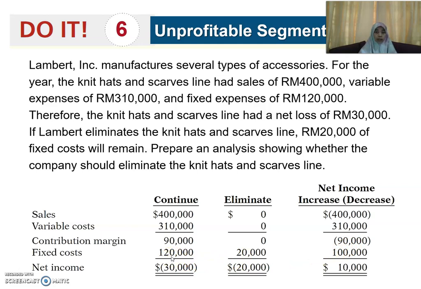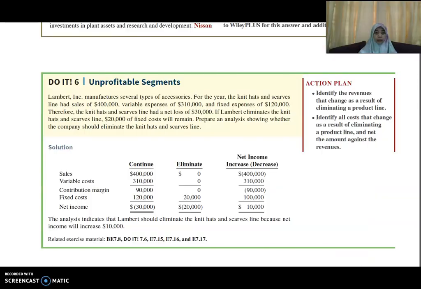Now you can save it. If Lambert eliminates the knit hats and scarves, only 20,000 of the fixed cost will remain, so you can save 100,000. So here the net income will increase by 10,000. You can refer to your textbook.